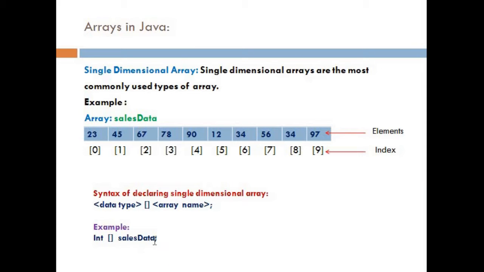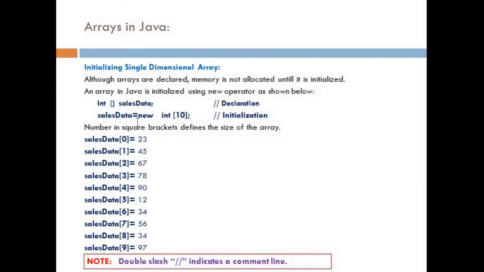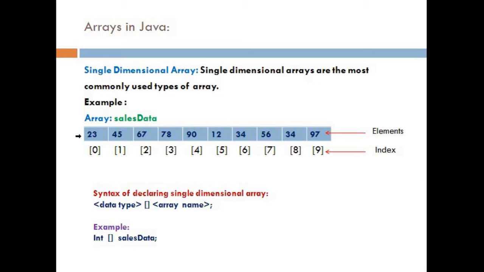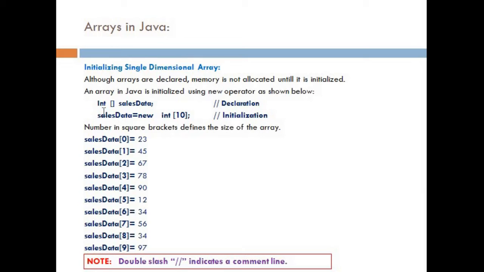Now if you wish to initialize this array variable called sales data with these elements, then just after declaring the array variable called sales data with this statement, in the next statement you have to declare the size of our array variable called sales data. And since this array variable contains 10 elements, I shall declare the size of this array variable called sales data to be 10, and that is represented as sales data equal to new int, then the size 10 should be within brackets.